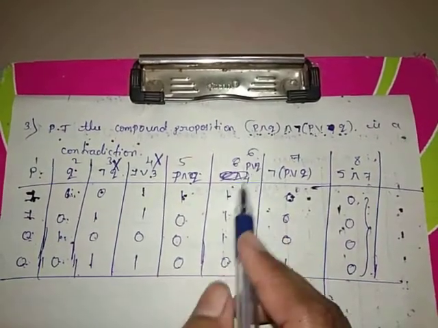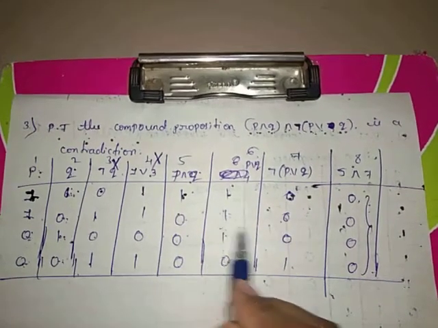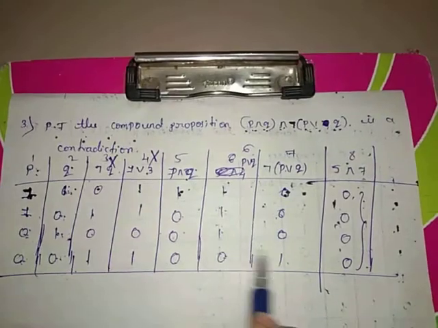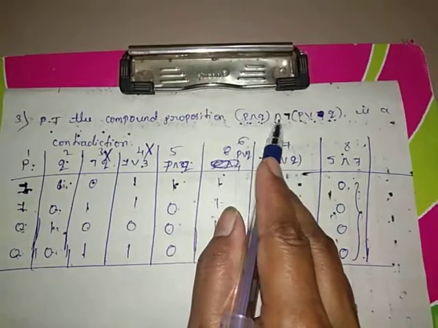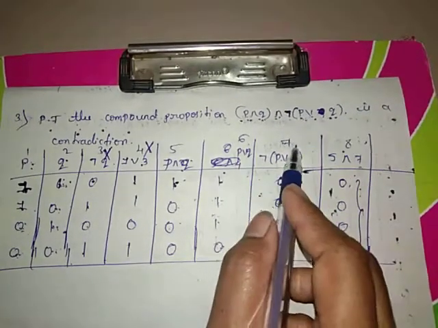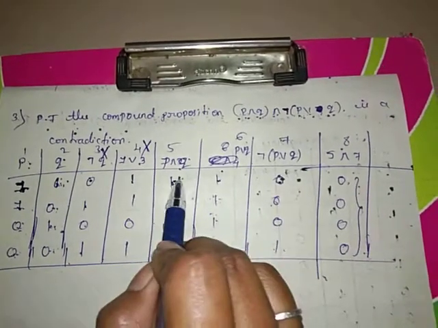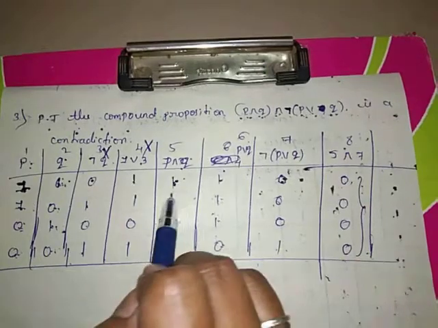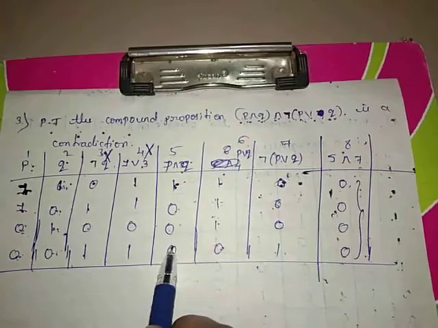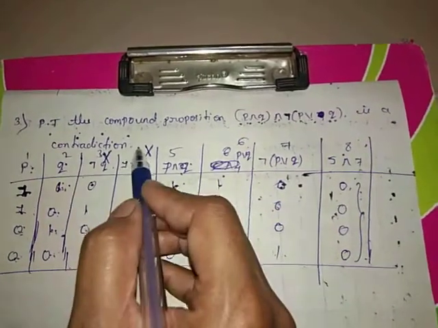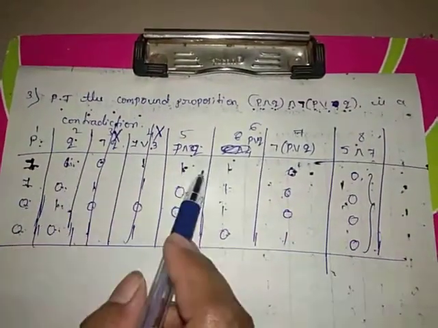Negation of P or Q: 0, 0, 0, 1. Then P and Q with the negation of P or Q: 0, 0, 0, 0. Just note this column is not needed. Columns 1 to 6.